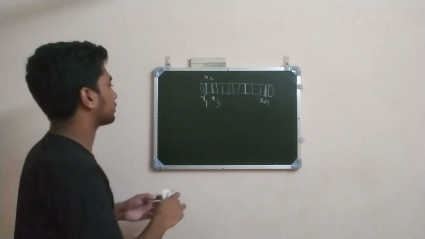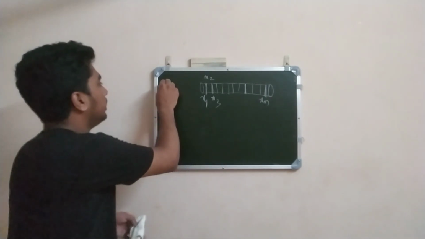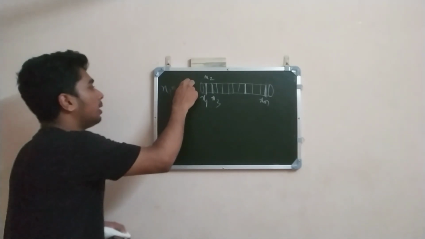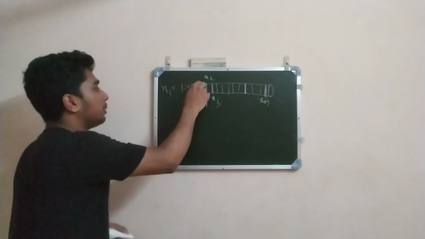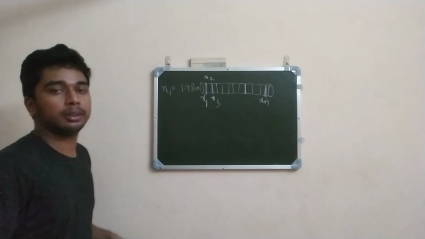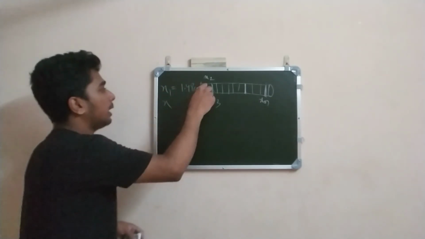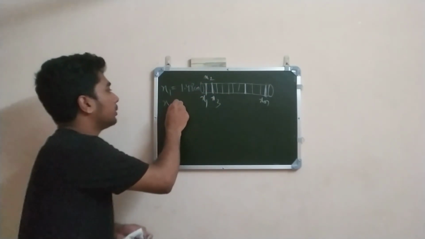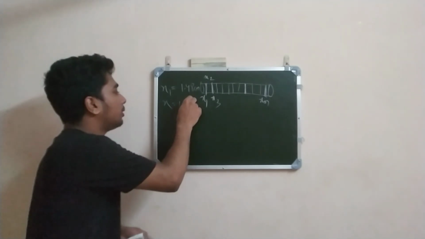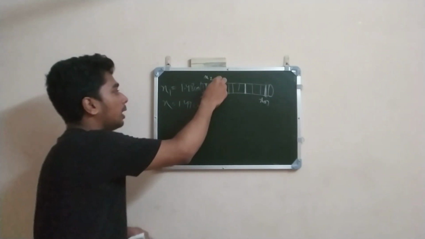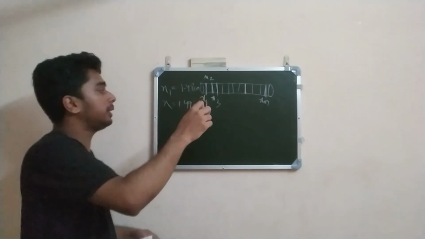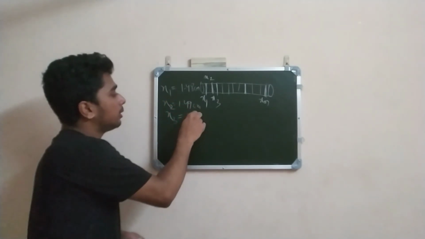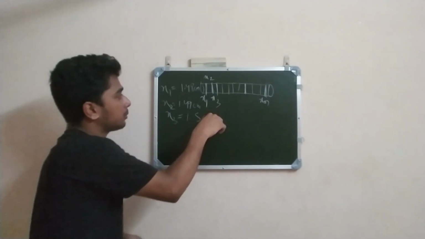Let us understand with an example. Suppose x1 is 1.48 centimeter. In the second point, you find it is around 1.49 centimeter. In the third point, x3 is 1.5 centimeter.